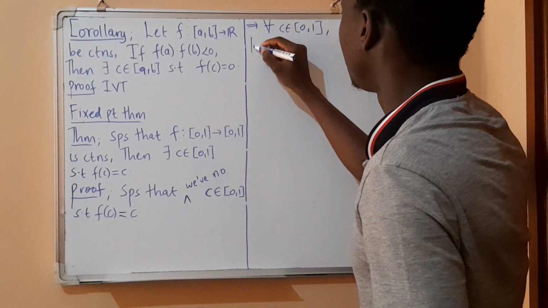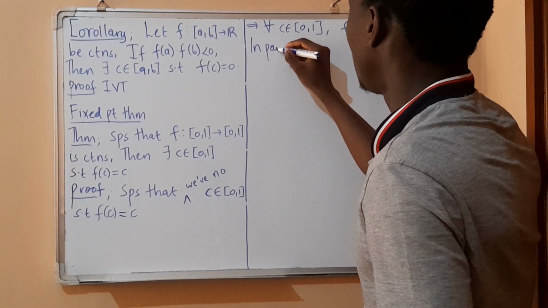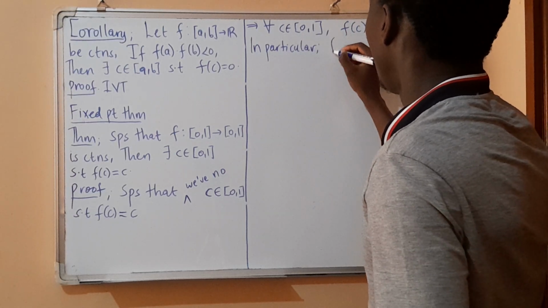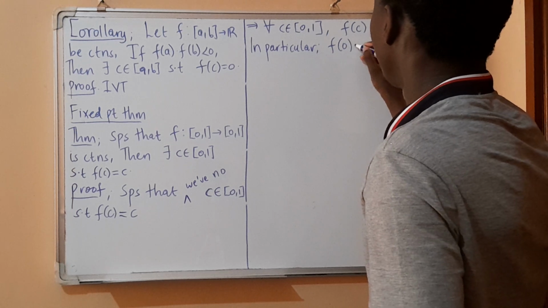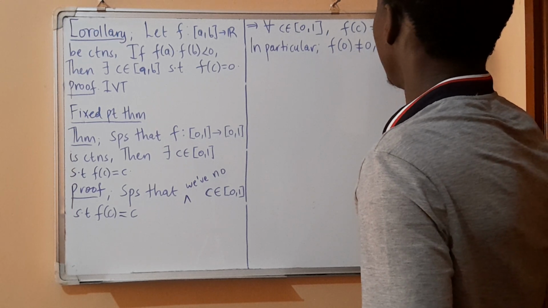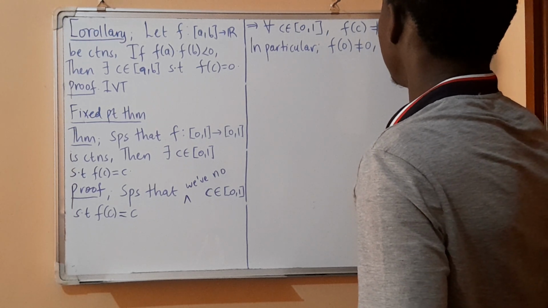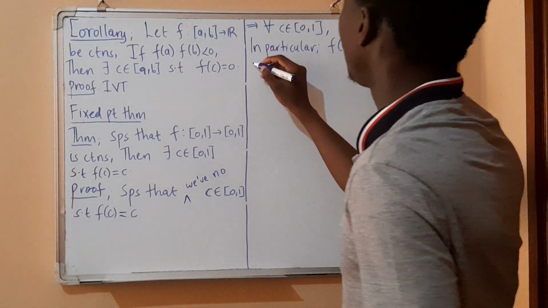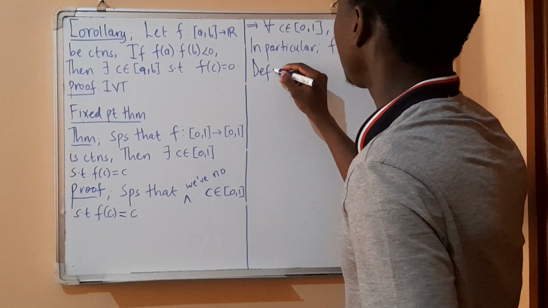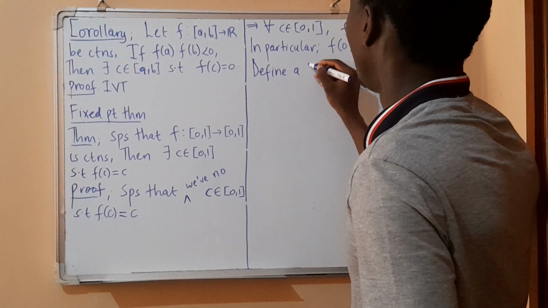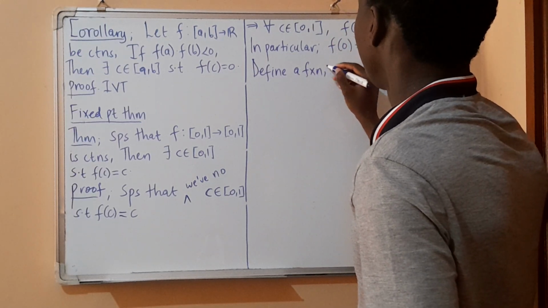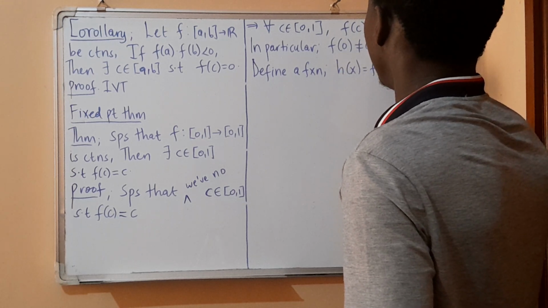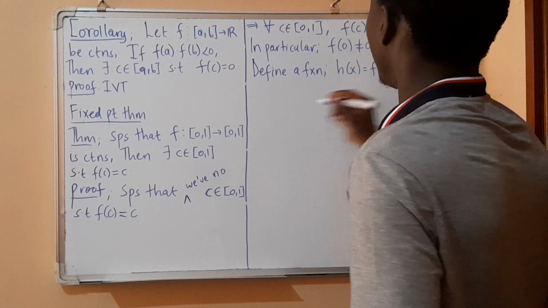In particular, f of 0 is not equal to 0, and f of 1 is not equal to 1. Then we are going to define a function h of x, which is f of x minus x.